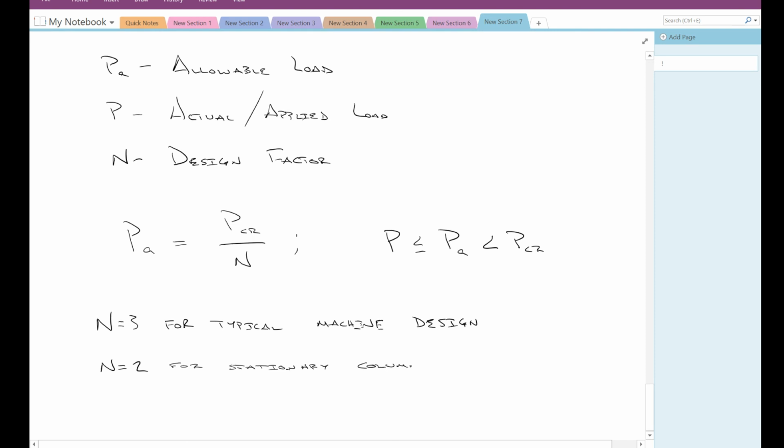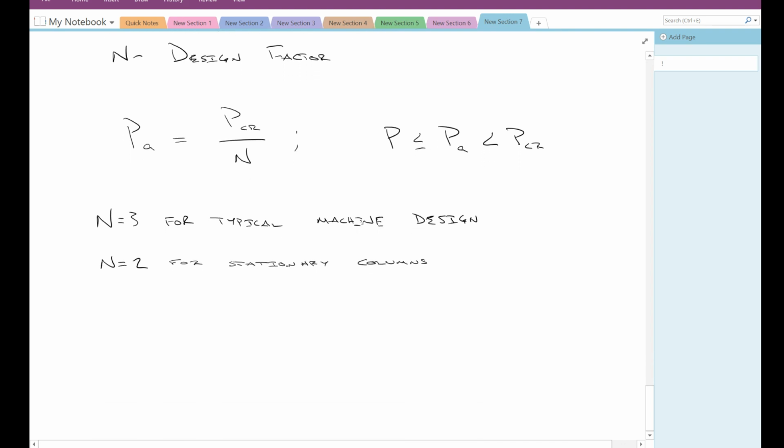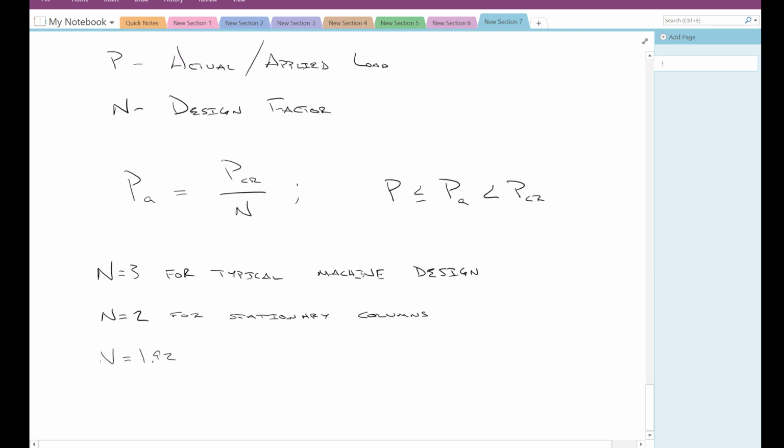There may be codes or regulations or standard operating procedures for a specific firm or whoever you design for. They may have different regulations or guidelines for you to use. Sometimes in construction, they will use N is equal to 1.92. Again, N is equal to a design factor, or a safety factor, depending on who you ask.